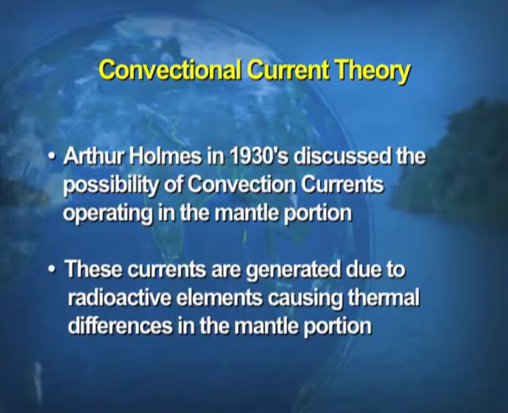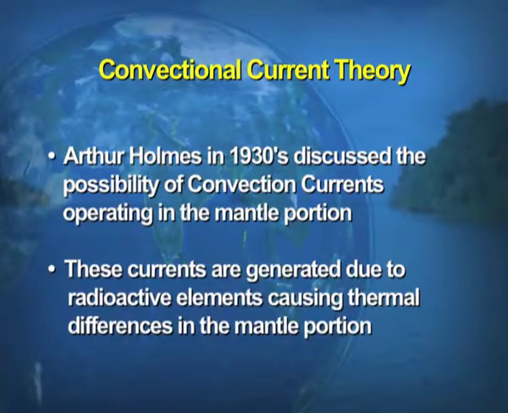A number of new studies came after Wegener put forth his theory. One of the most convincing theories about this was the convectional current theory put forth by Arthur Holmes in 1930. It discussed the possibility of convection currents operating in the mantle portion of the earth as one of the forces responsible for the drifting of the continents.